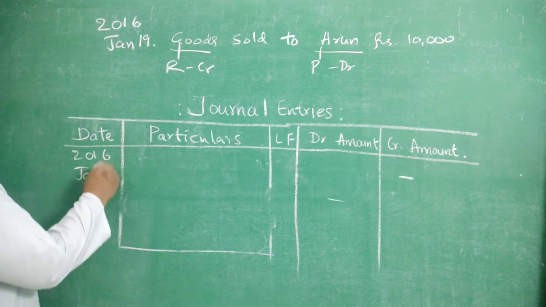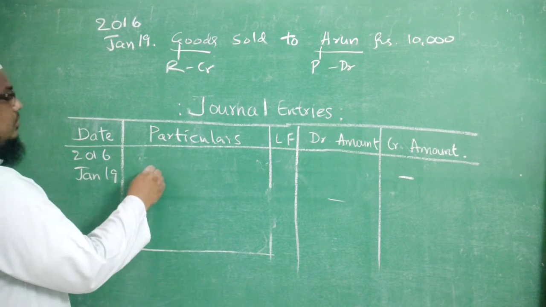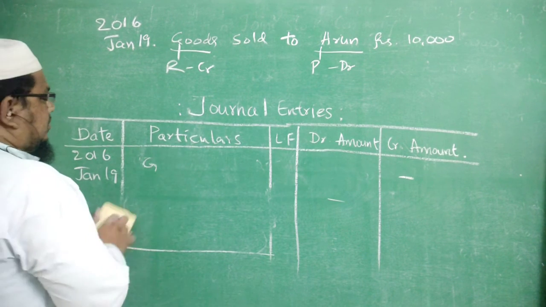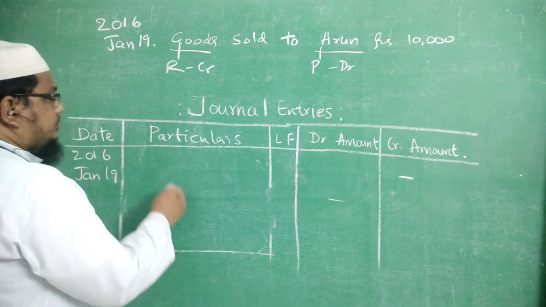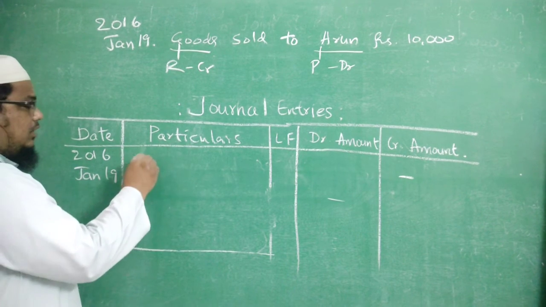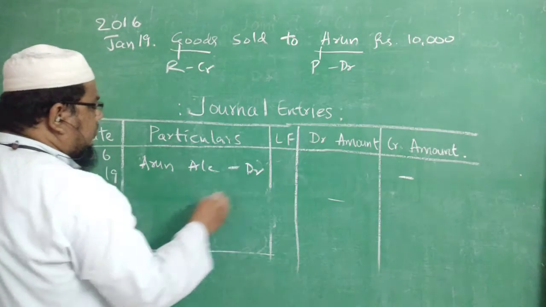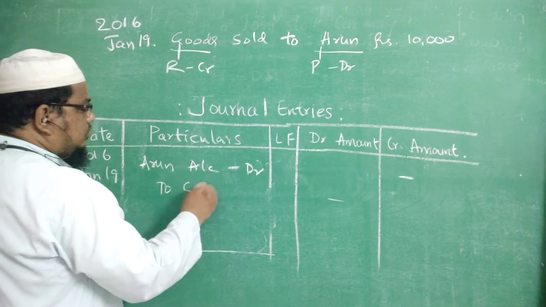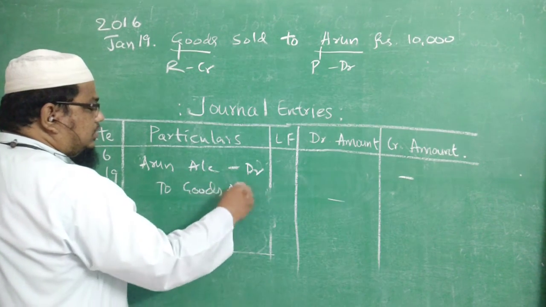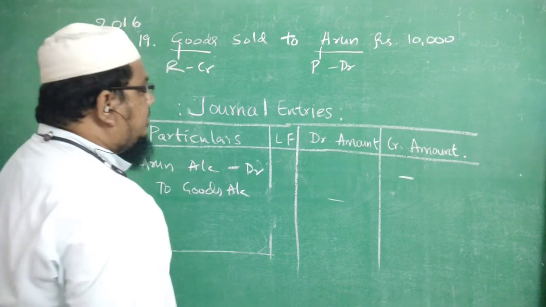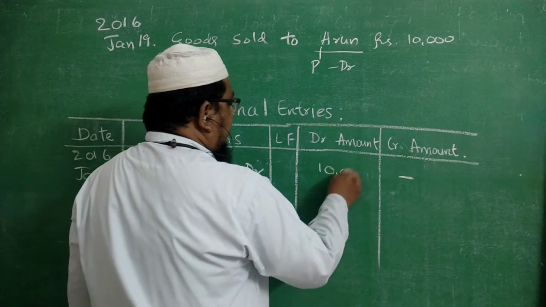Now here, January 19th, Arun account debit to goods account. Arun account debit to goods account 10,000.